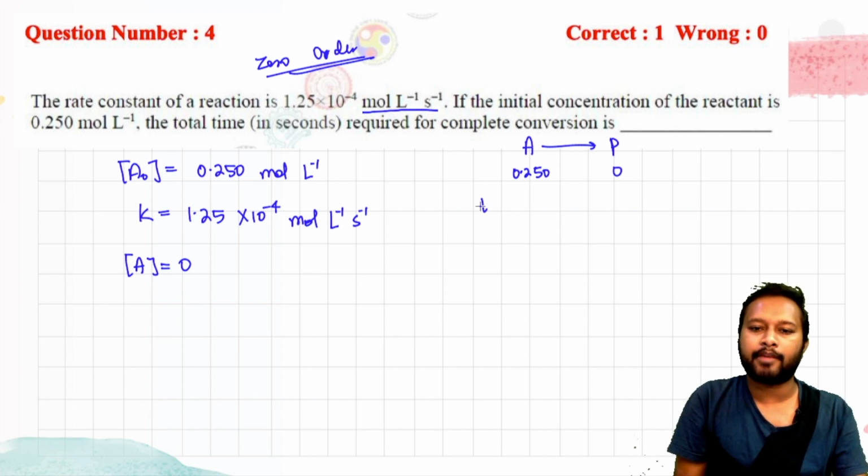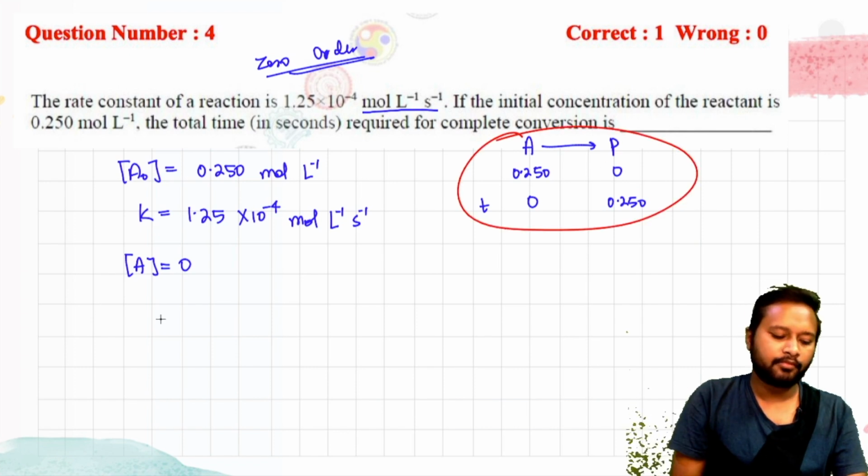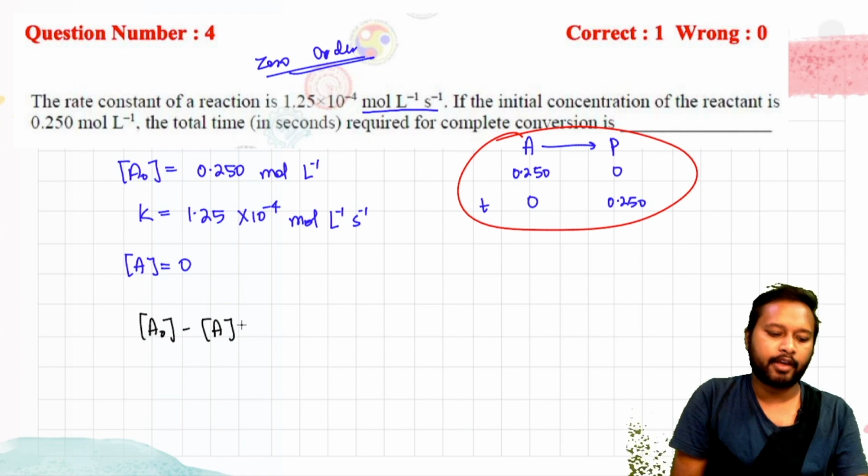So after some time T, when this is completely converted, product will be 0.250 formed, and how much reactant will be left out? 0. That's what the final concentration of reactant is, and that's what I'm going to use here. This is what I have just told you, just to make you understand. Fine, just put it in the equation of your zeroth order reaction. So you have A naught minus A is equals to KT. So you are actually calculating your T.